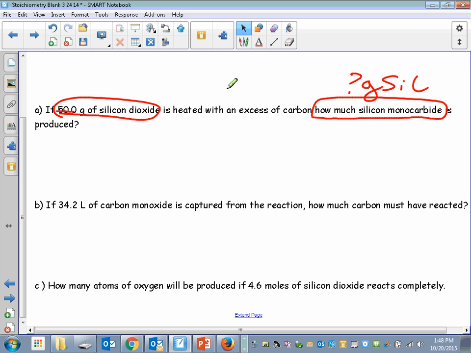We just count carbon, mole carbon, with mole on top, and mole carbon. Oh yeah, that is the two moles.